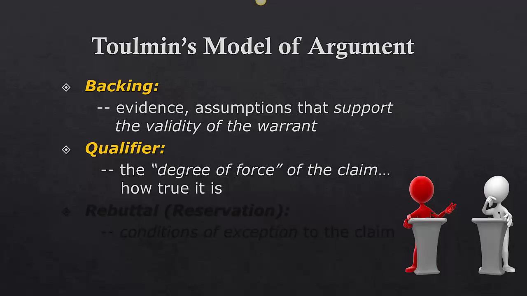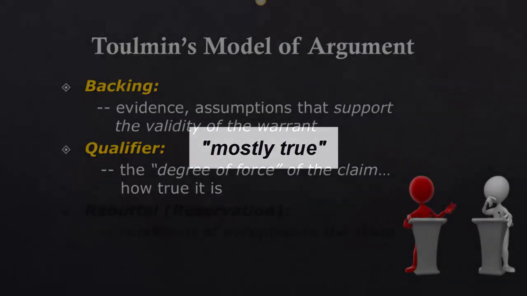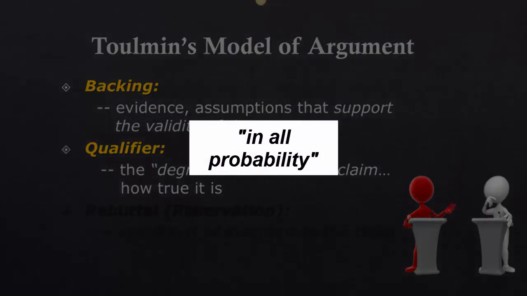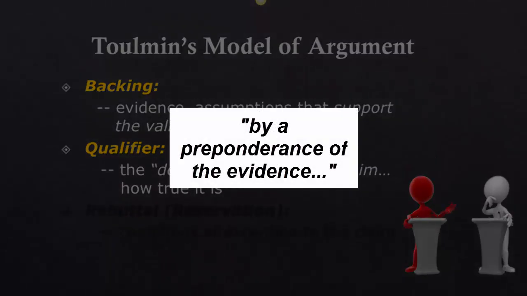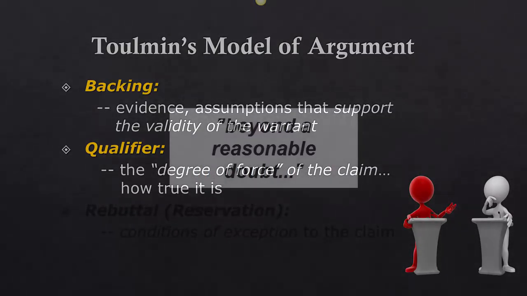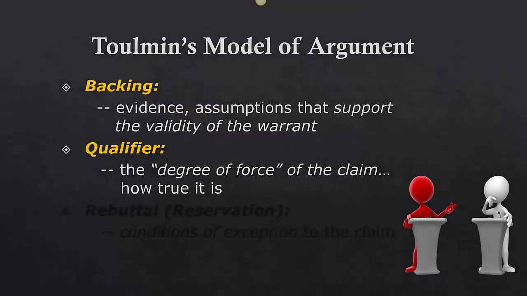So you want to think about this in terms of words like mostly true, or in all probability, or based on the available evidence we can conclude, or by the preponderance of the evidence, or beyond a reasonable doubt if we're arguing in court, for instance. Qualifiers essentially tell you how true the claim is.